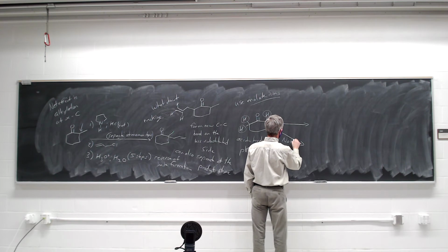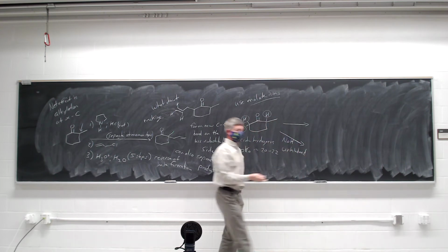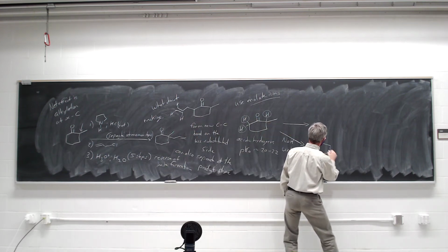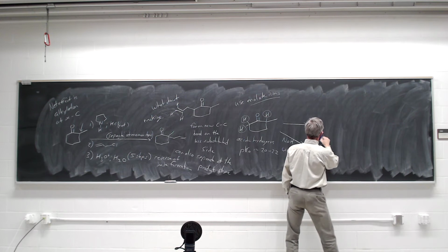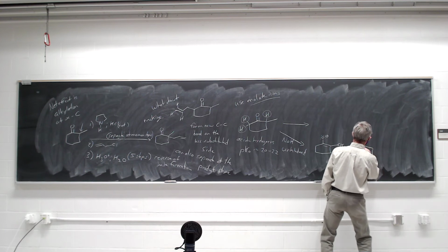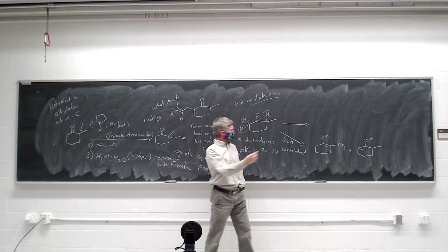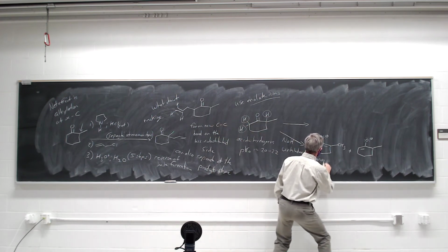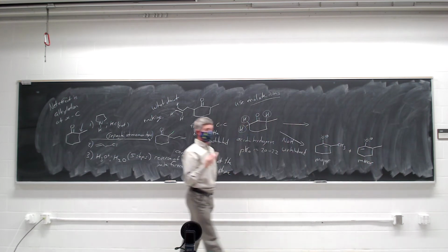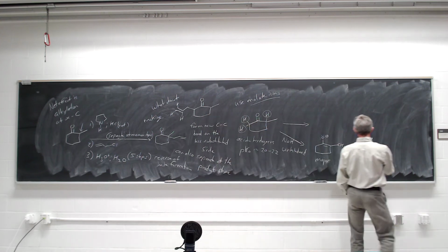If we use an unhindered base, like sodium hydride, for example, we'll get a mixture of enolates where the more stable is the major product. And if we allow equilibrium to occur, the enolates can actually deprotonate each other.